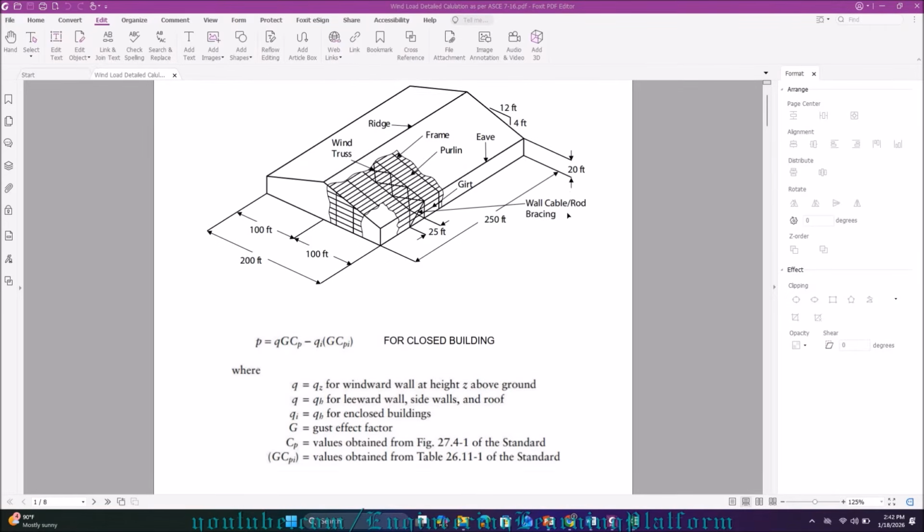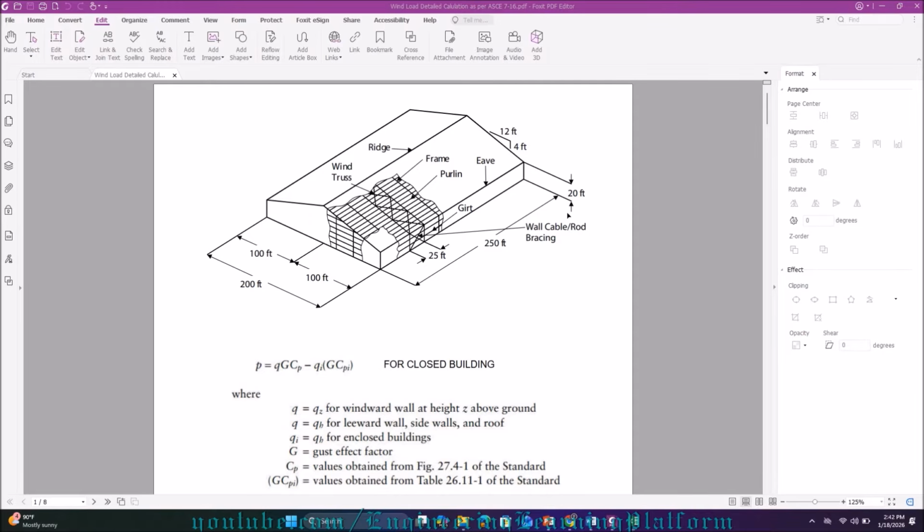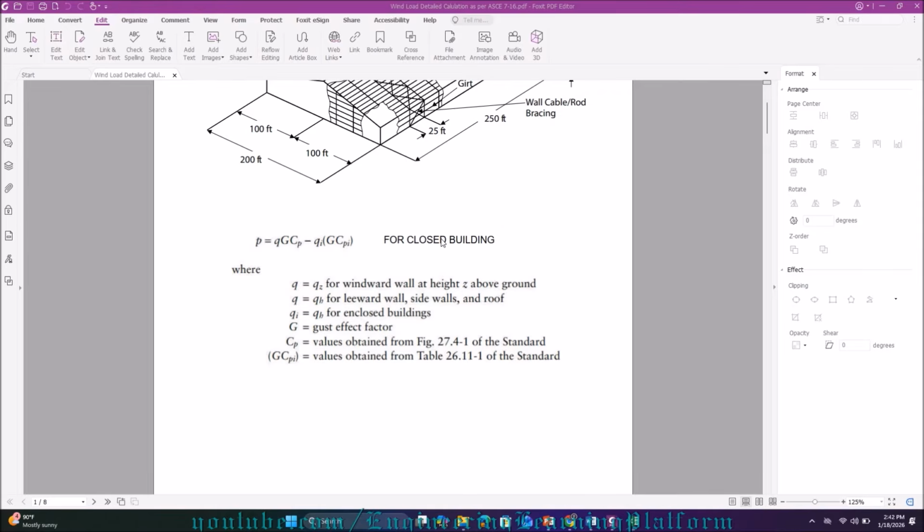As far as a portal frame is concerned, it's the columns that will be taking the wind pressure. The wind pressure is in psf, and I multiply it with the tributary width of the columns and the tributary width of the bay, and then I apply it. But I will tell you that later in this video.